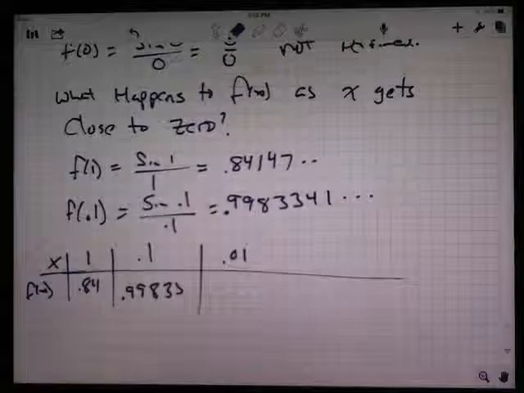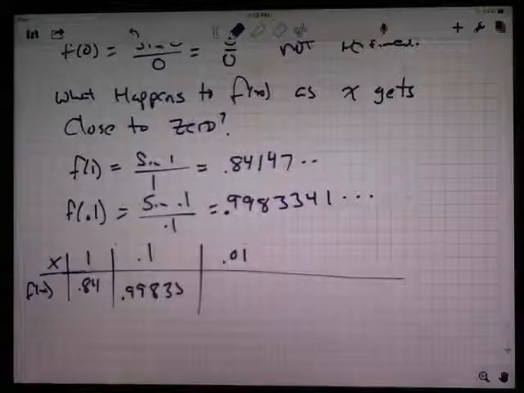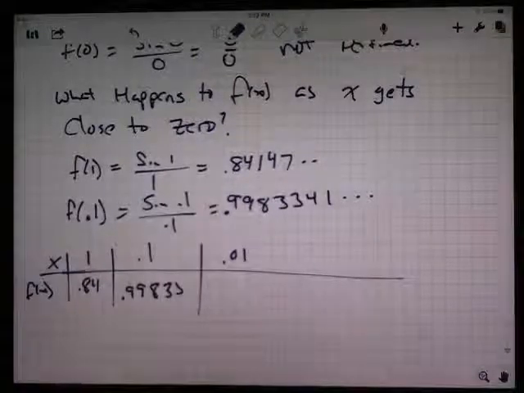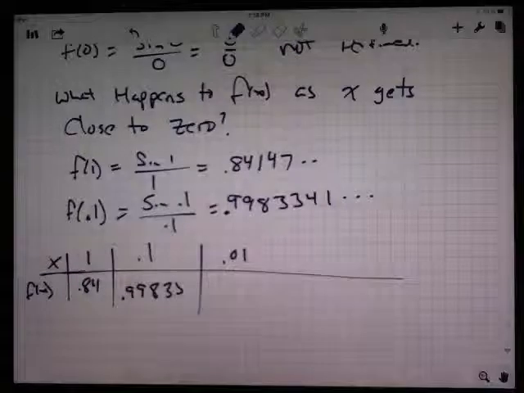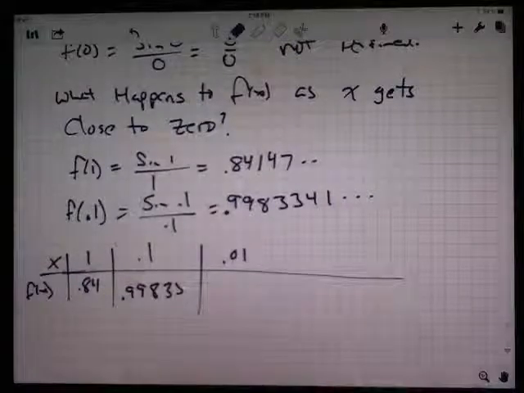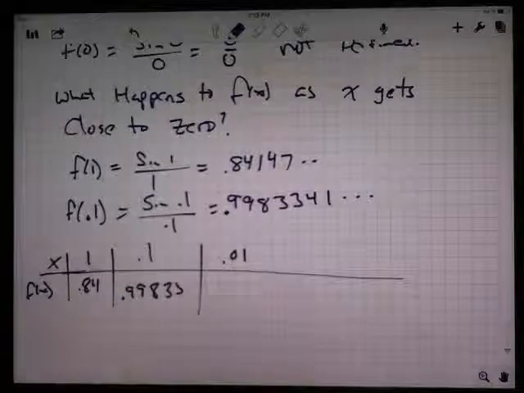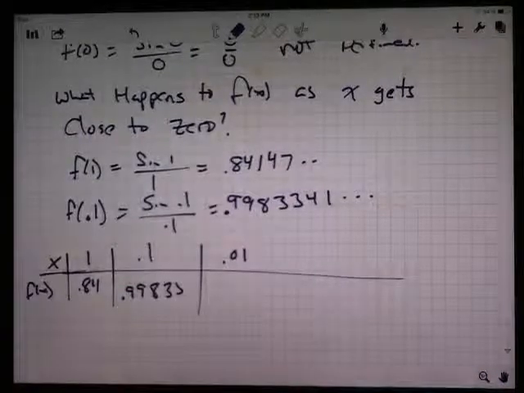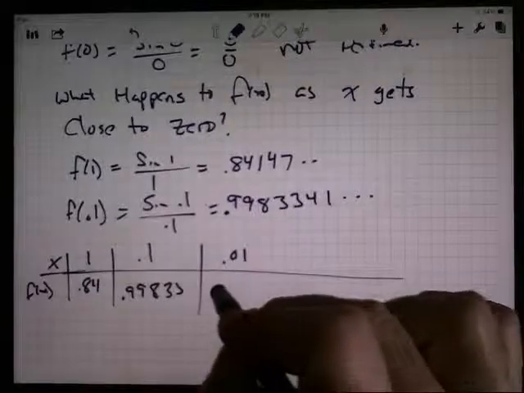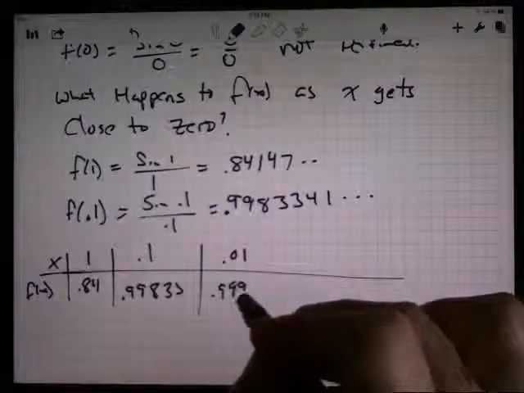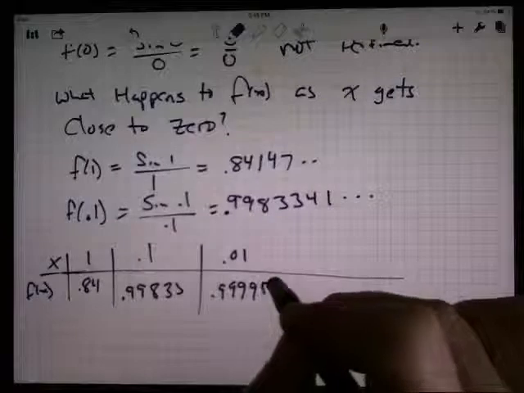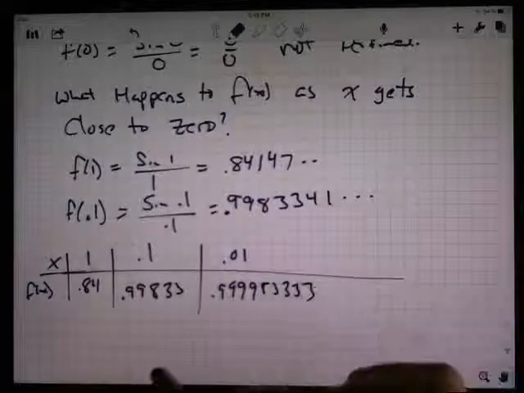I'm going to just keep getting closer and closer. So I'm saying sine of 0.01 divided by 0.01, and it tells me 0.9998333.